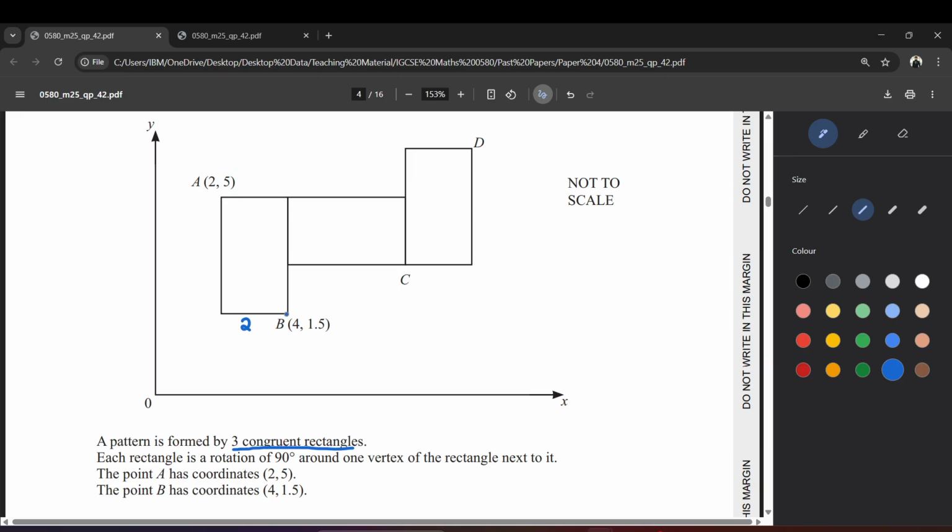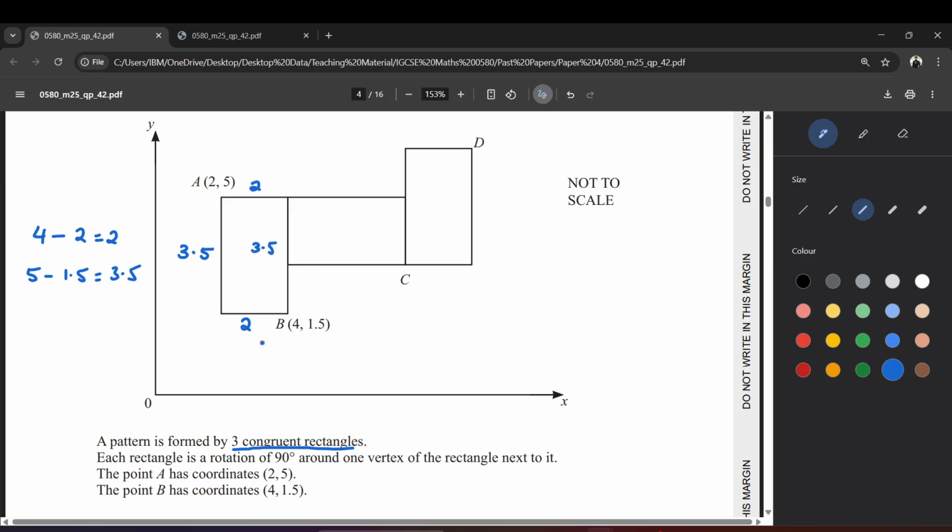So 5 minus 1.5. So here I can write down 4 minus 2 is equal to 2, and 5 minus 1.5 equals 3.5. So this should be 3.5. Okay, and this should also be 2, and this should also be 3.5.